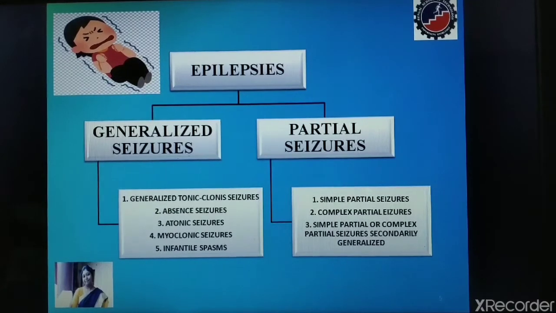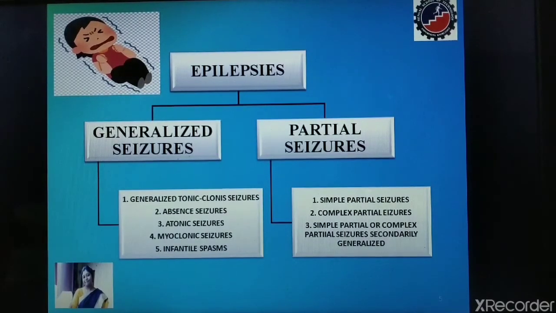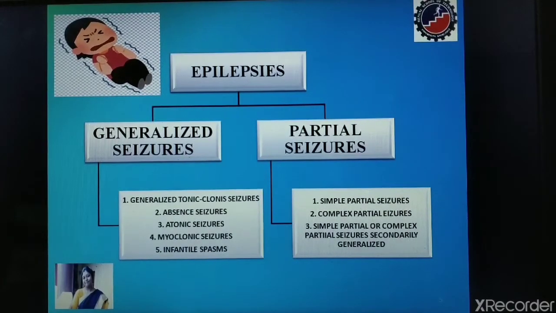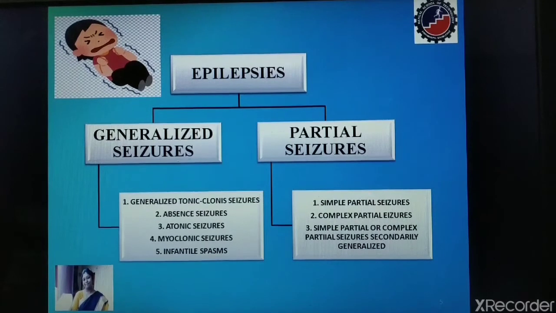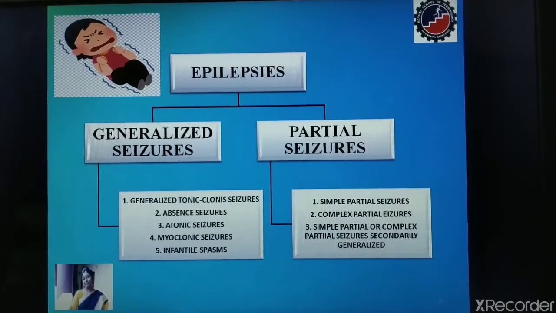The generalized contains the tonic-clonic seizures, the absence seizures, the atonic, myoclonic, and the infantile spasms, whereas the partial seizures contain simple partial seizures, complex partial seizures, and simple partial or complex partial seizures, secondarily generalized.